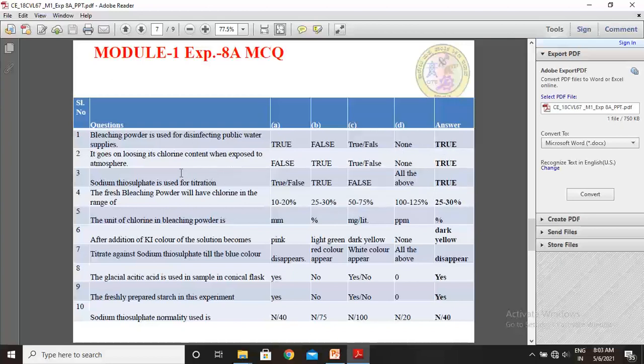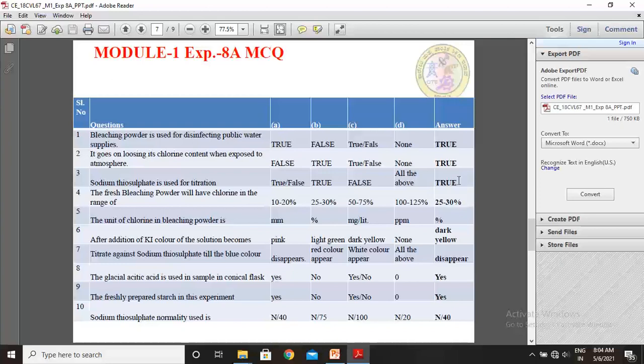It goes on losing its chlorine content when exposed to atmosphere. Is it correct? False, true, false, none. Option is true. Sodium thiosulfate is used for titration. Options: true, false, true or false, or all the above.